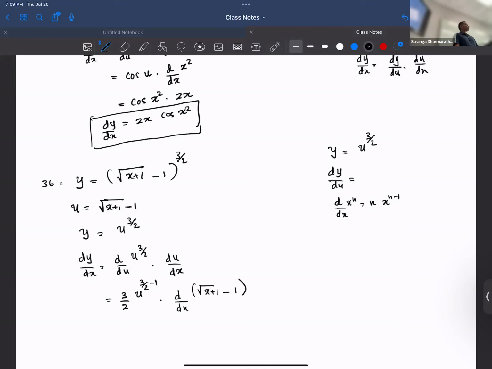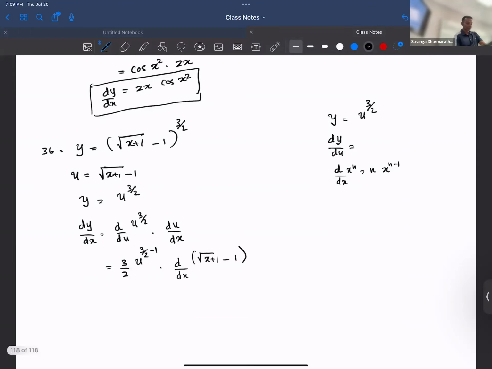You can take v is equal to x plus 1. You can do that as well. Right? If you take v is equal to x plus 1, you can write 3 over 2 u to the power 1/2, right?